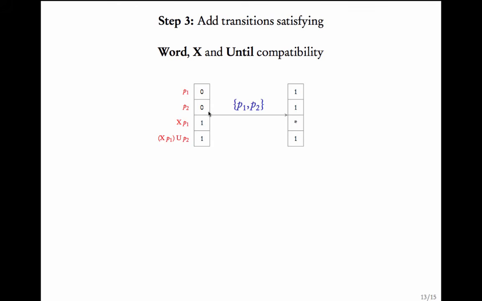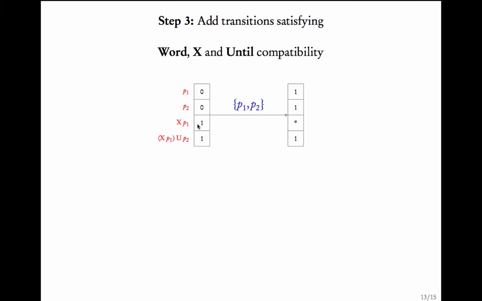So, the letters out of this state should contain P1. If it is P1, P2, then you should go to the state where both P1 and P2 are 1. And any compatible state where P2 is 1 would have this to be 1. This ensures word compatibility.